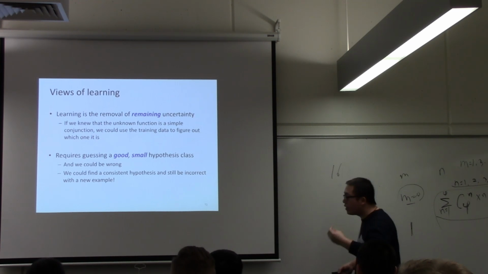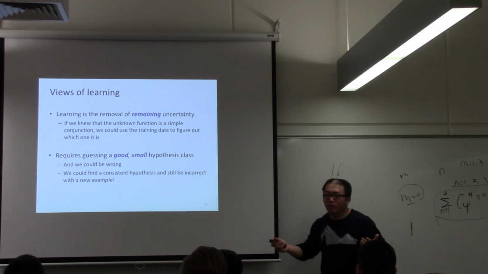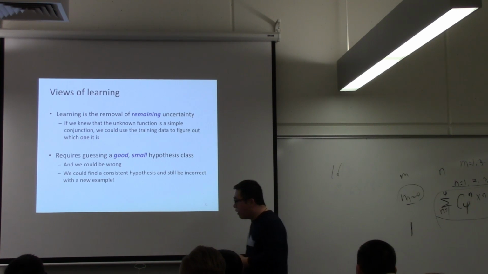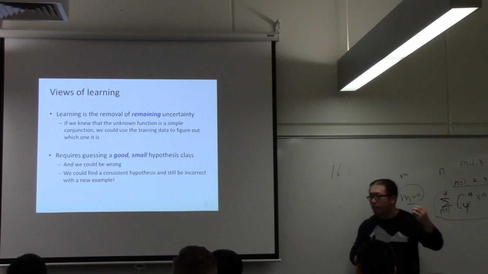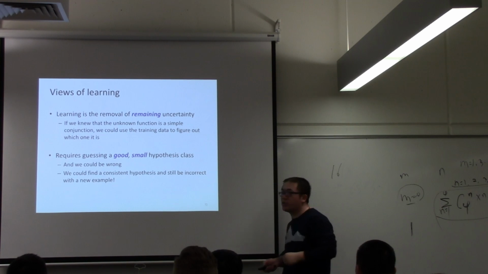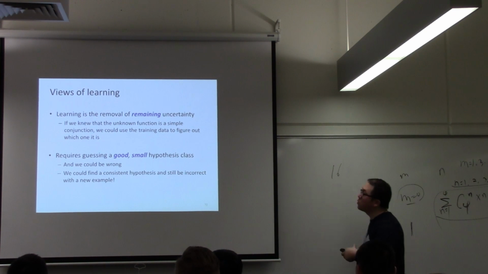And based on what do we remove the uncertainty? Through training data, right? The training data help us to throw out those bad, inappropriate functions in our hypothesis space to find the best function which can fit the data.